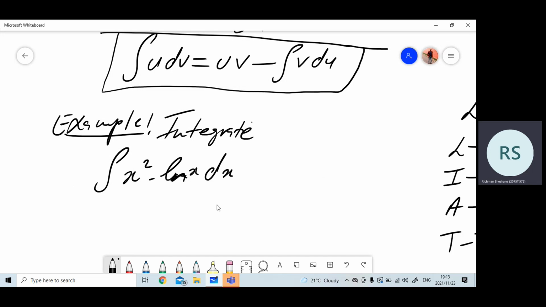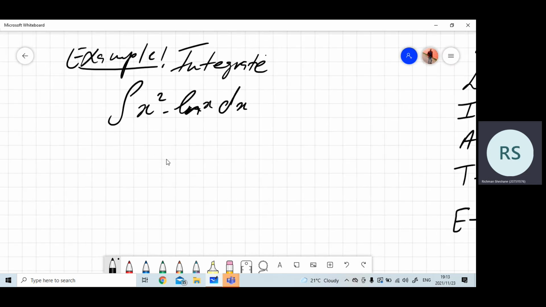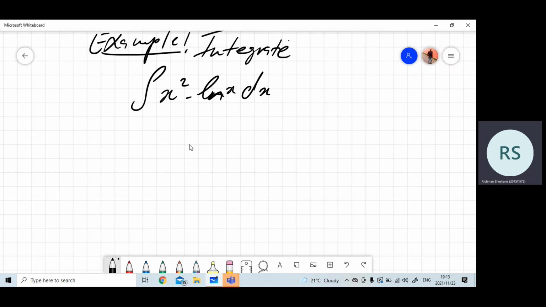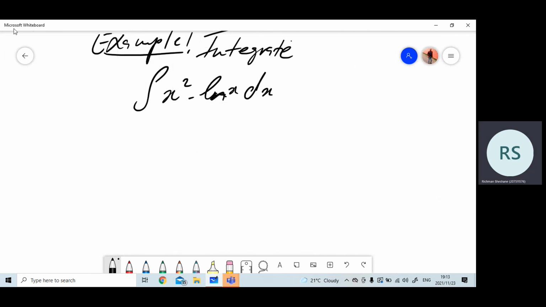Let me rewrite this formula down here because of space. Let's do a solution to this one. I want to integrate this. I'm going to use integration by parts. Start by always writing the formula. Take the formula from the formula sheet: integral of u dv equals uv minus integral of v du.